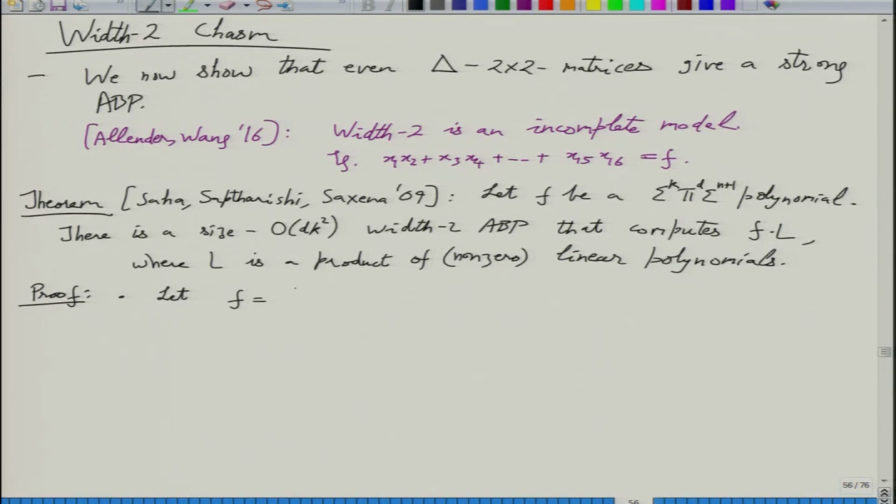So let F be this sum of k products, where Pi is a product of linear polynomials, d many.